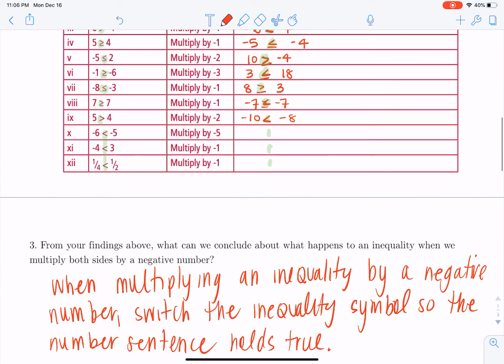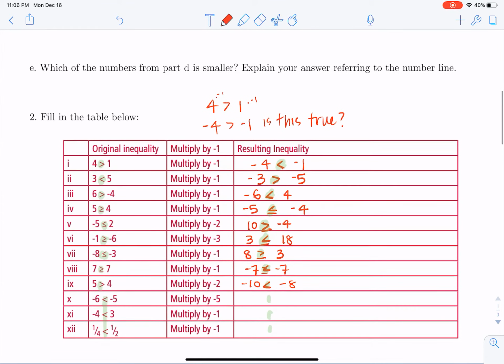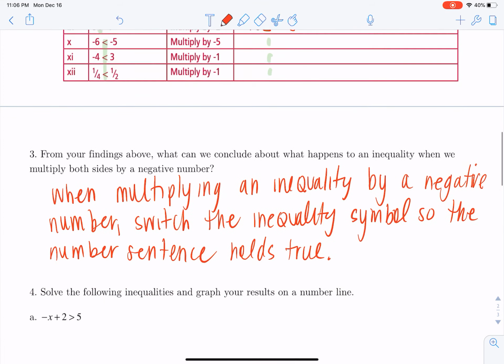So here, in order for my inequality to stay true when multiplying by a negative number, we need to switch the inequality in our final answer.